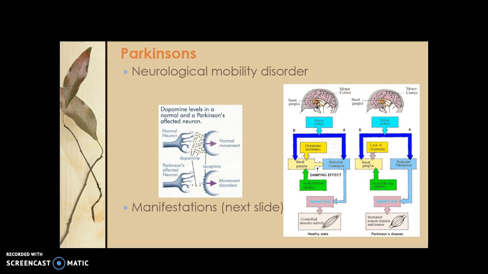And it involves the basal ganglia and the motor cortex, and it involves a lack of dopamine. So you can see on the right here you have what's normal, and then what happens when you lose your dopamine.